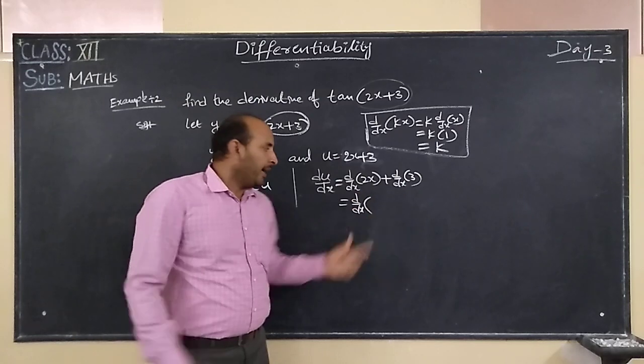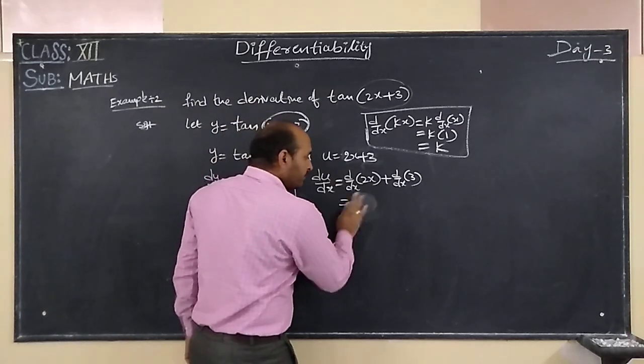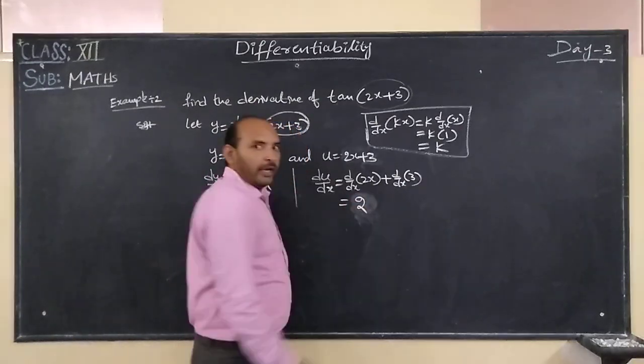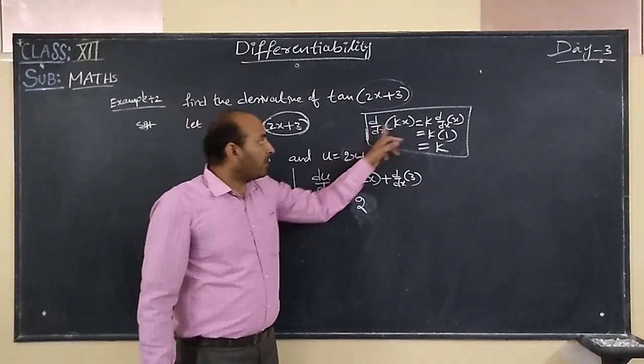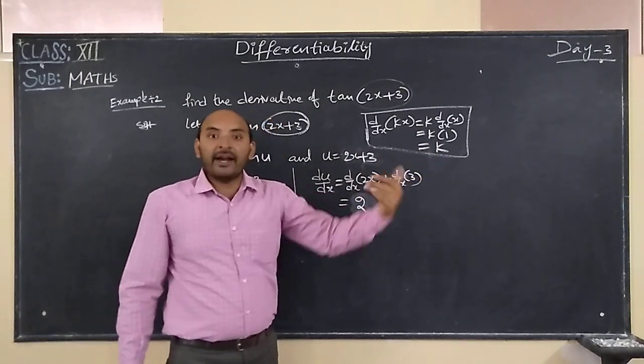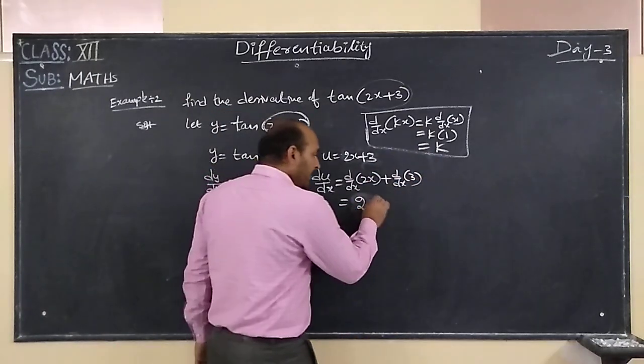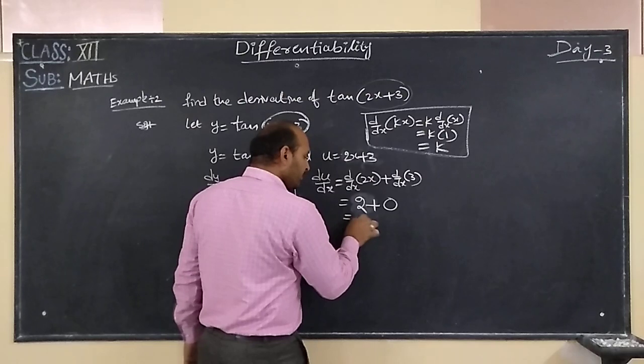Derivative of 2x is 2, derivative of mx is m, derivative of 100x is 100, plus the derivative of a constant is always 0. So du by dx is 2.